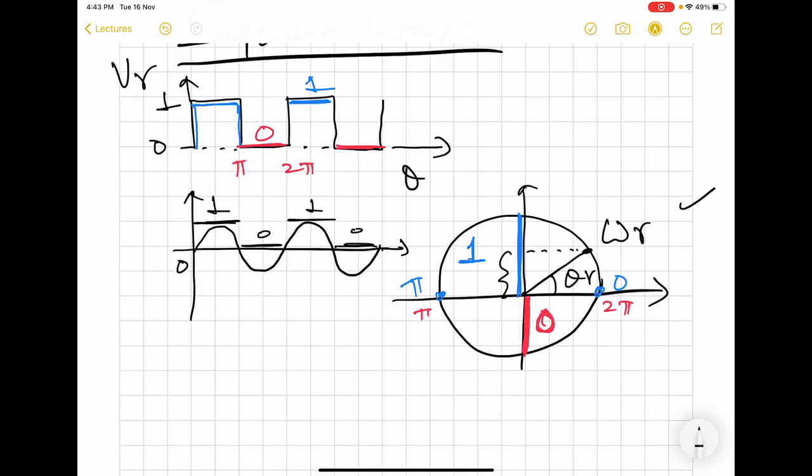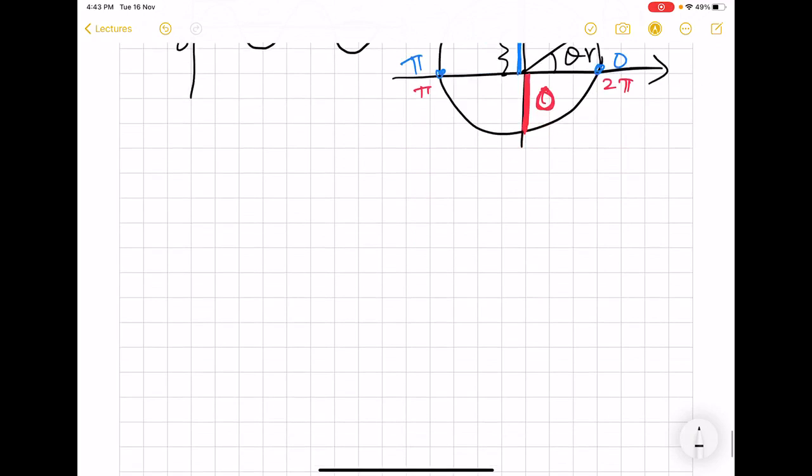So now we want to know, if we have two square waves, what shall we do so that we are able to sense the phase difference between them. We can now take two phasors with some phase difference between them.